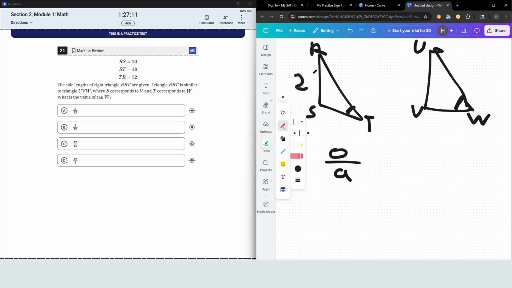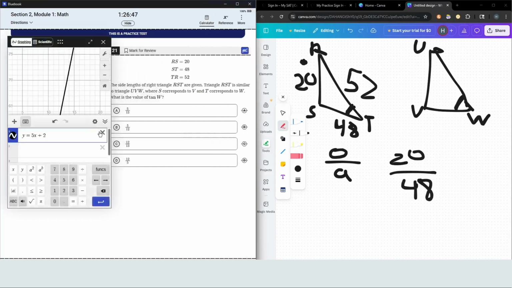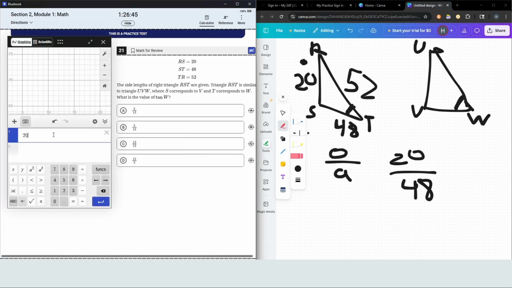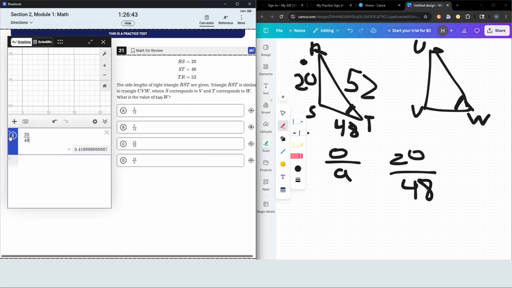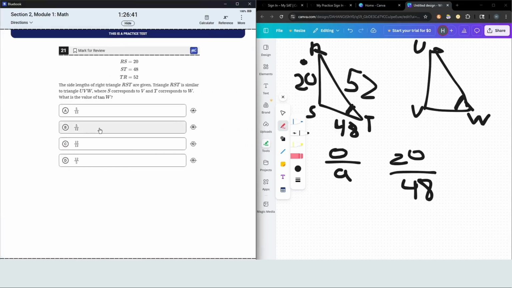So RS is 20, ST is 48, and TR is 52. If this is the angle, this is the opposite right here. 20 should be the opposite. And the adjacent, which is not the hypotenuse, would be 48. So 20 over 48. Put that in simplest form, that's 5 over 12. So that would be the answer.